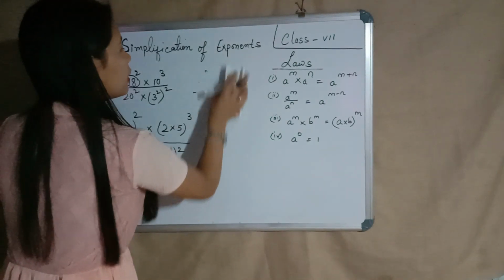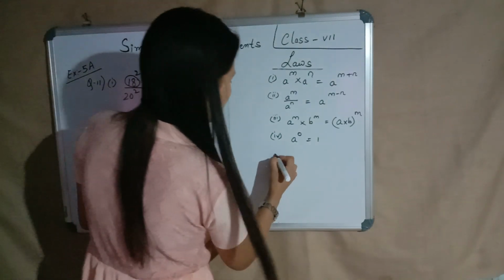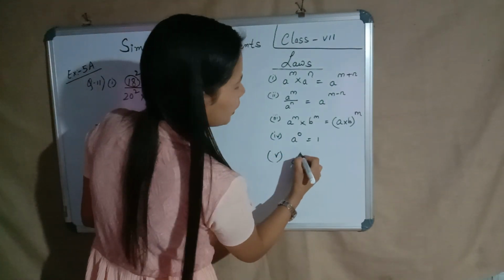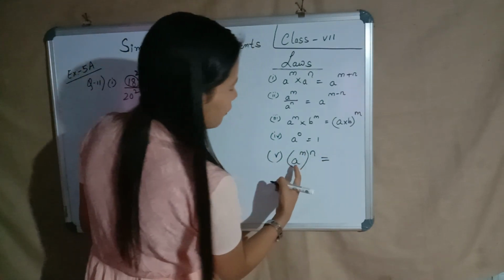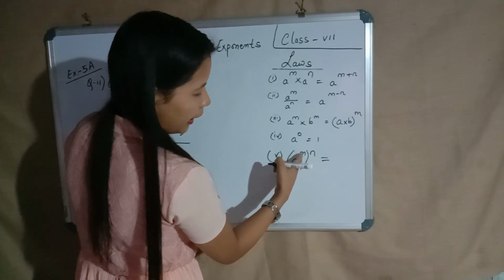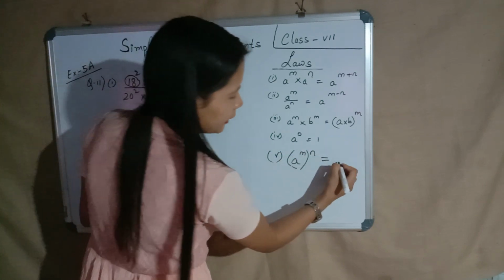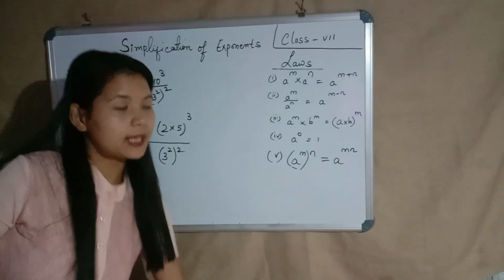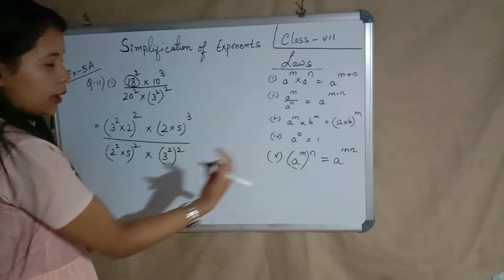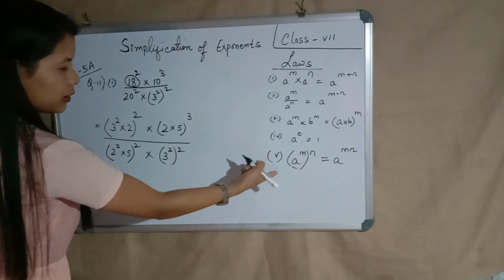Okay. Here I want to add one more law, that is multiplication of powers, right? So that is, if we have a number raised to the power m and this whole number is raised to the power n, then that is a to the power m into n. Yes, we just multiply the powers. So we'll be using this here.